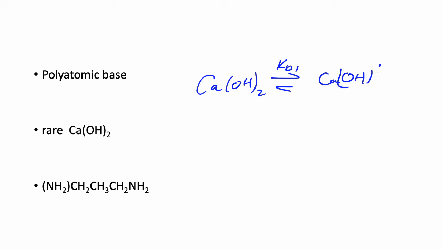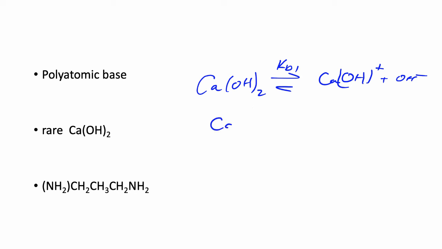Now, polyatomic bases are going to be a little bit more rare because there are not that many bases that are soluble in water, but we've got calcium hydroxide, Ca(OH)2. You can have Kb1, where it's CaOH minus plus OH minus.